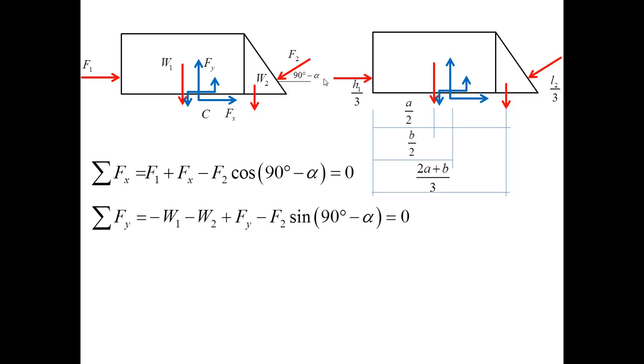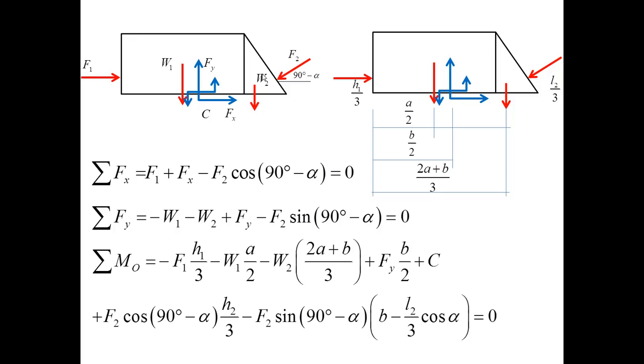Sum of the forces on Y involves the weights of the dam, W1 and W2, plus there is a projection coming from F2. Finally, the moment equilibrium equation is written about this point.